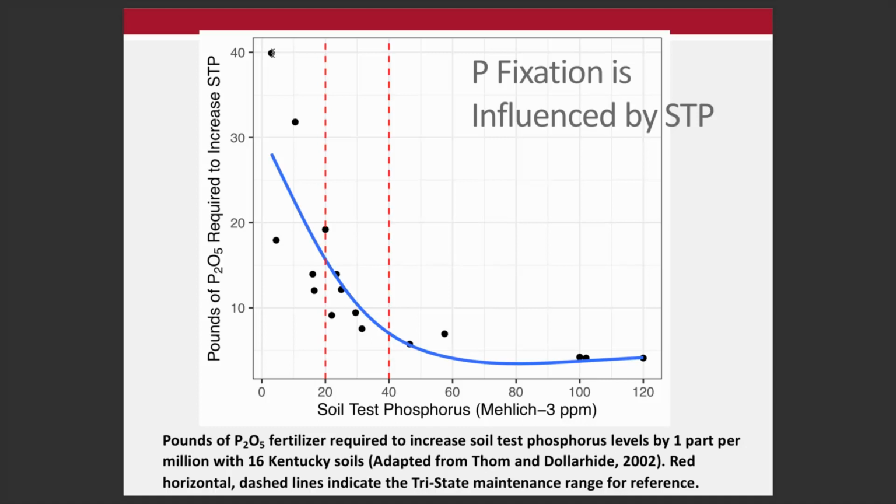And that's an important thing from a fertilizer management and phosphorus management standpoint. If we're dealing with really low phosphorus soils, we might need to apply more phosphorus than we otherwise would to raise those levels, because these fixation rates are really high in low testing soils. Hopefully that's clear.